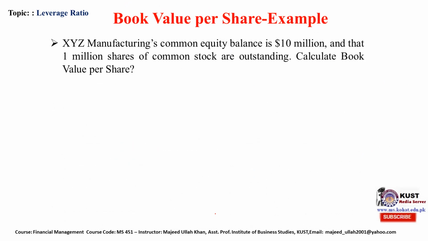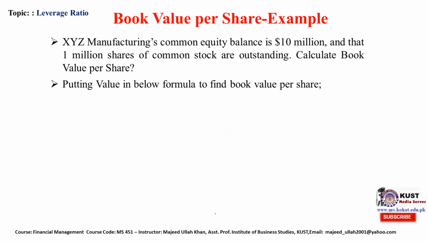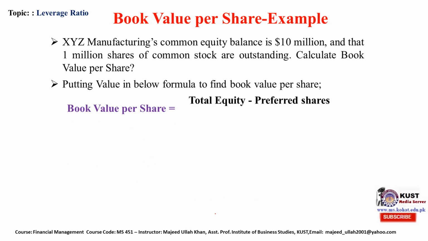Now a book value per share example. XYZ Manufacturing's common equity balance is 10 million and it has 1 million shares outstanding. Calculate the book value. We will put the values in the formula from the above example: book value per share is equal to total equity minus preferred shares, divided by total outstanding shares.